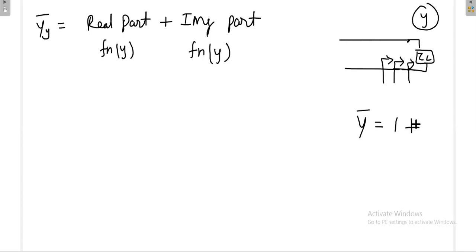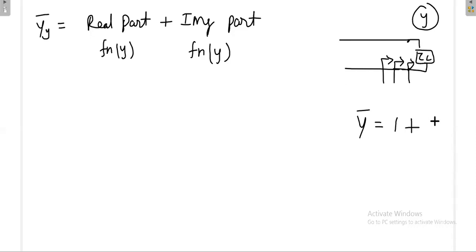Once you move along the line, you will get different values at different positions. Definitely at some point you will get 1, definitely at the real part, because this is already normalized. As it is normalized, definitely at some point as you move along the line, you will get 1.